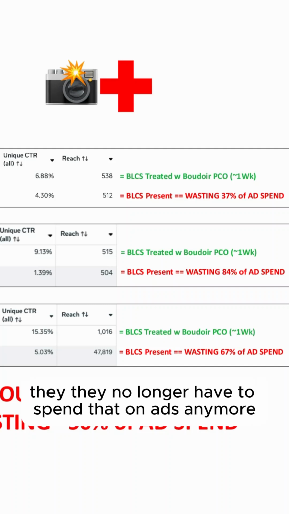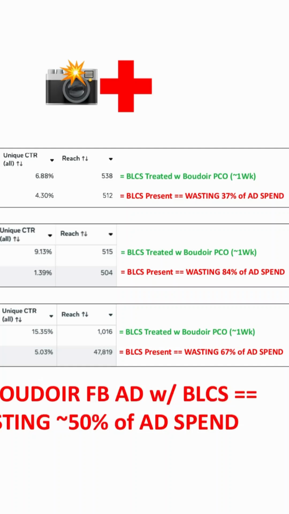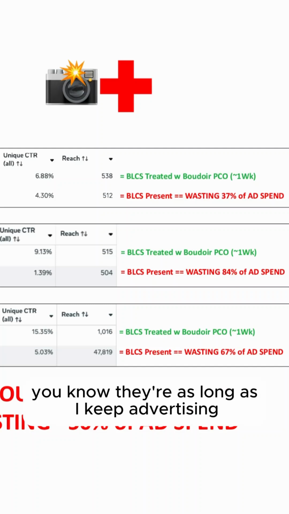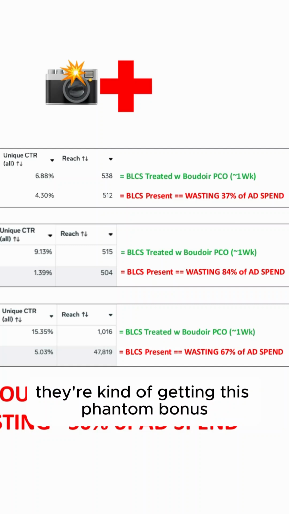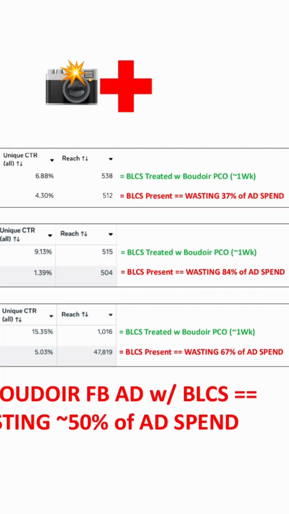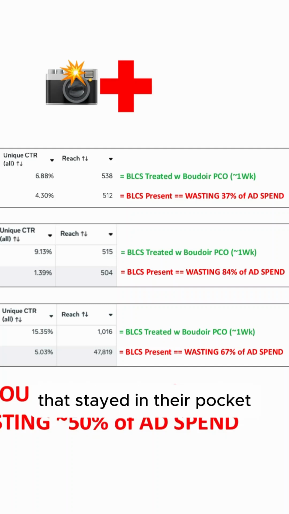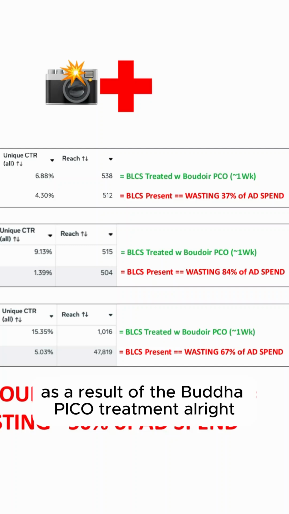They no longer have to spend that on ads, like a Boudoir PCO bonus. As long as they keep advertising, they're getting $3,700 a month in the background, and at the end of the year that's like a 40K phantom bonus that stayed in their pocket as a result of the Boudoir PCO treatment.